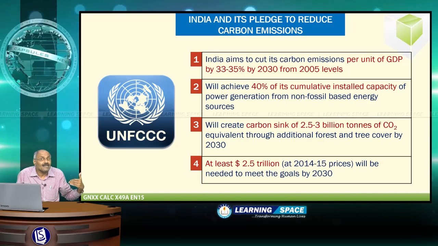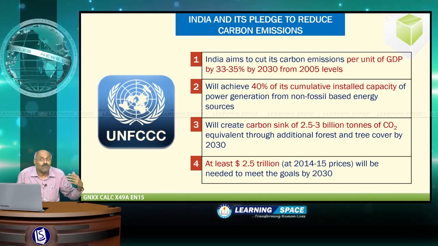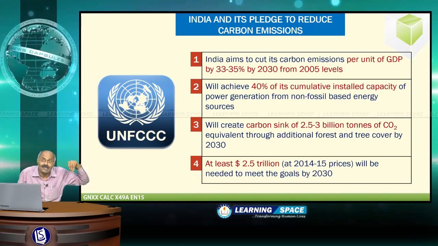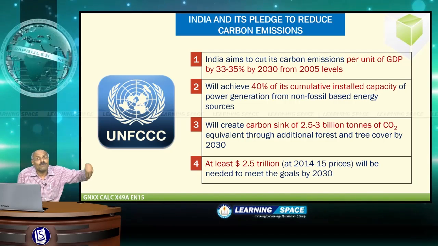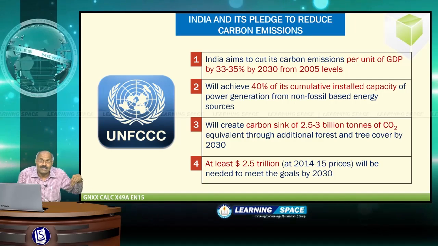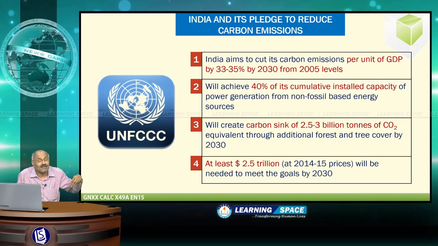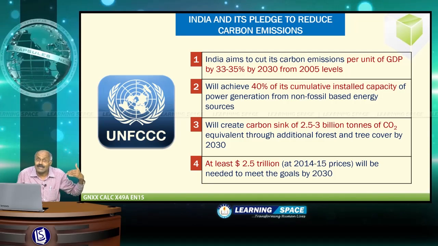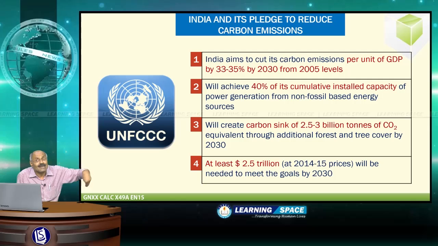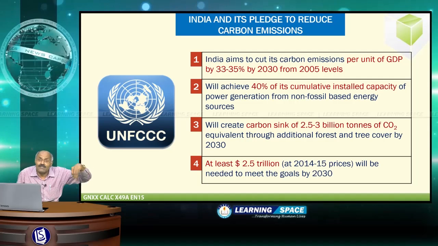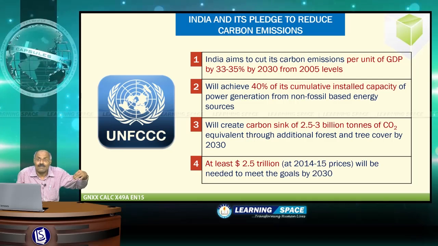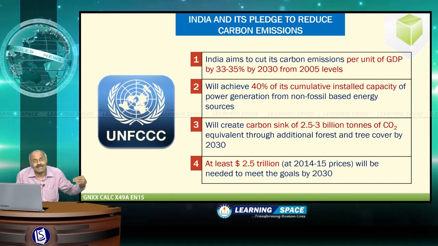The second commitment is India will achieve 40% of its cumulative installed capacity of power generation from non-fossil based energy sources. That's why government is giving more thrust to solar energy, wind energy, and at the same time, India will create a carbon sink of 2.5 to 3 billion tons of CO2 equivalent through additional forest and tree cover by 2030.